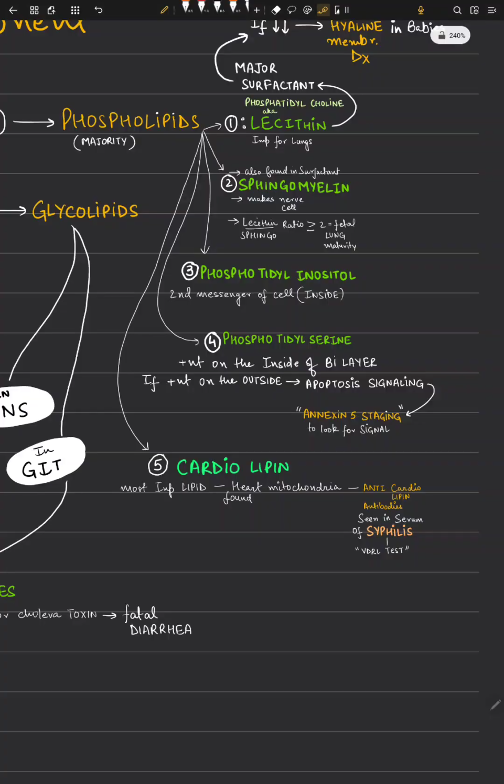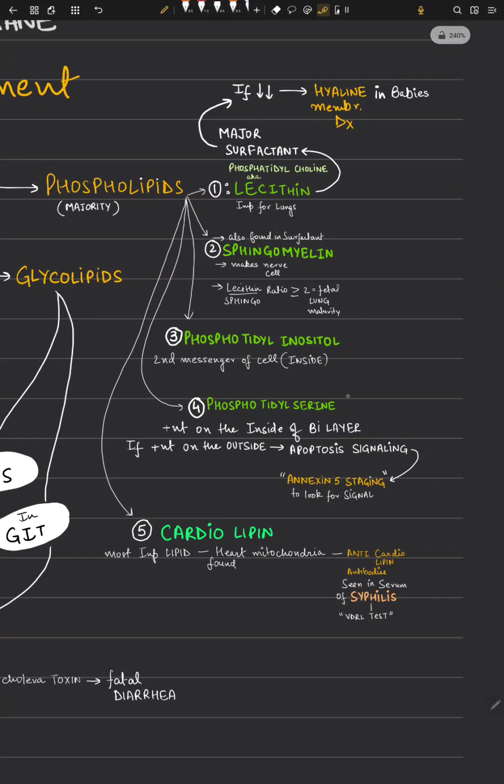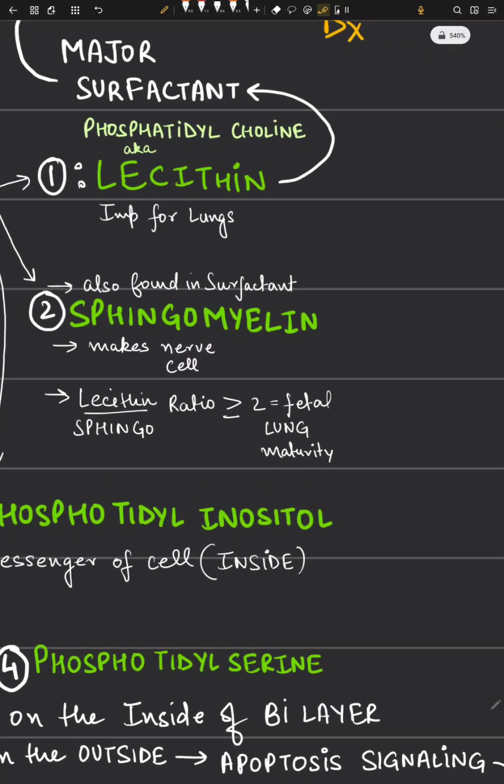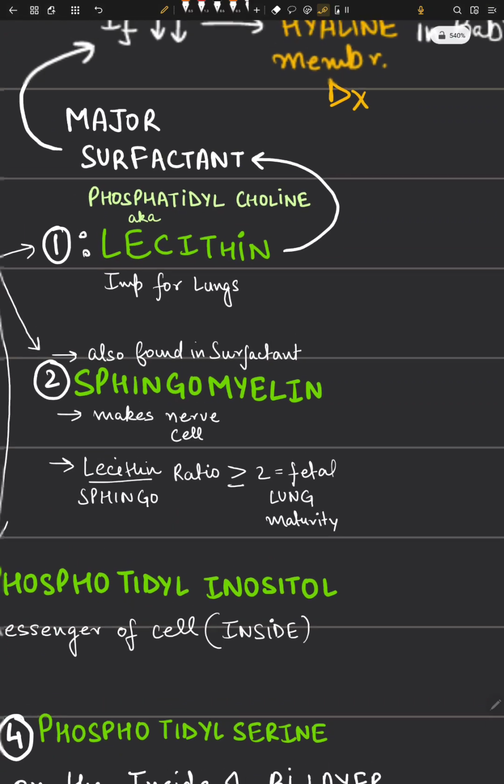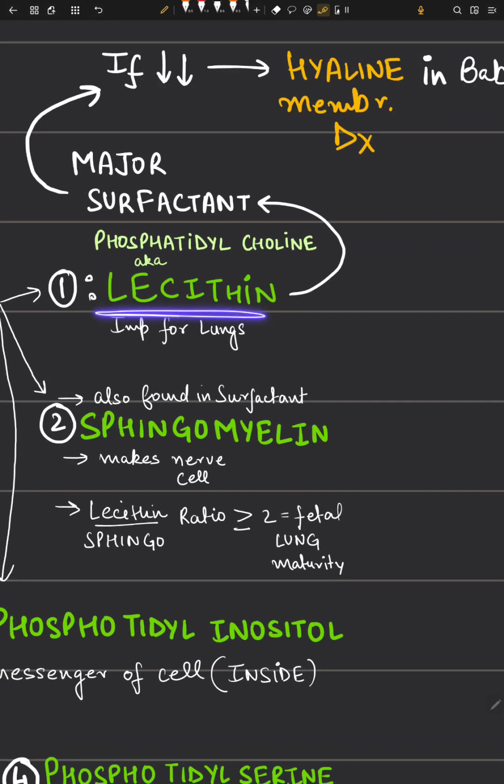Let's talk about phospholipids. There are 5 types of phospholipids I'm going to talk about majorly, but there are many types in nature. The first one is lecithin, which is very important for lung maturation, because lecithin plays a big role in manufacturing surfactant.